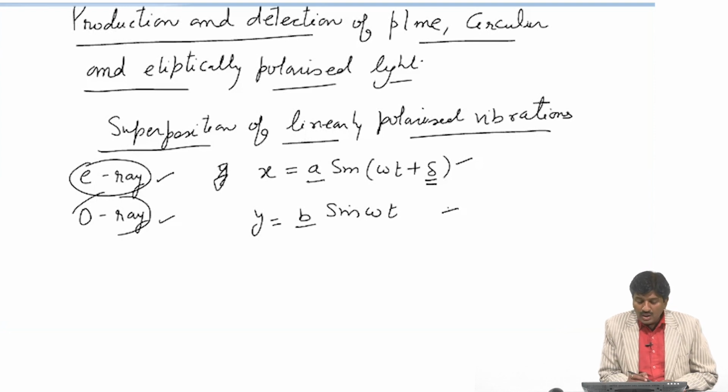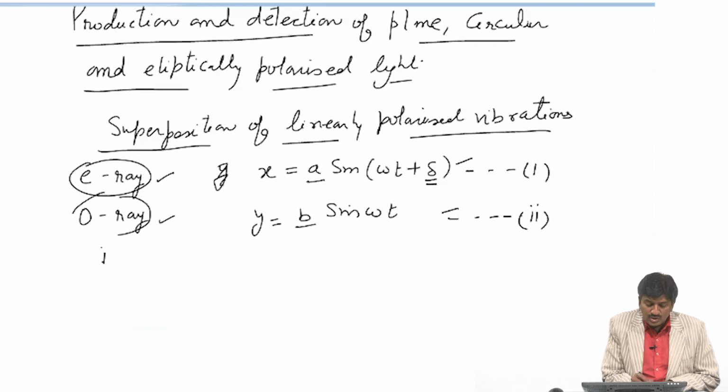Now, we have to determine the superposition of these E ray and O ray. Suppose this is equation number 1 and this is equation number 2. First we take equation number 1.